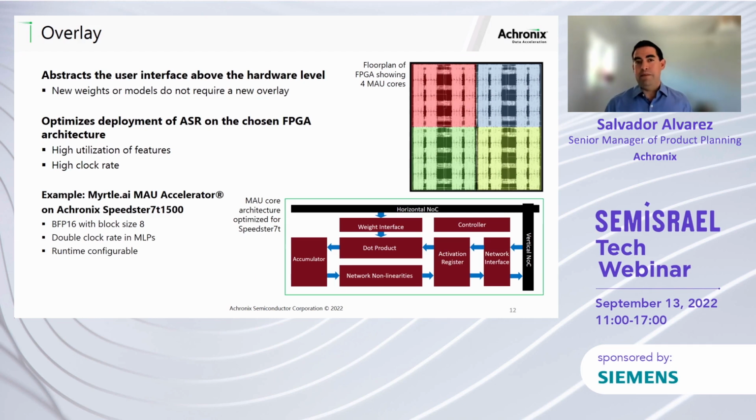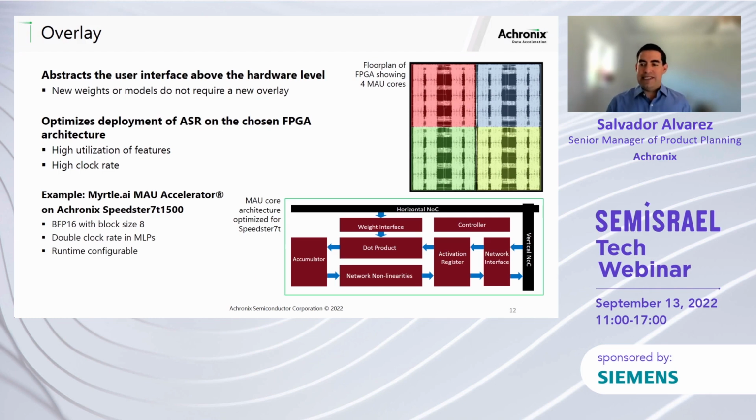And an overlay makes this possible. An overlay can optimally configure the hardware on an FPGA to create a highly efficient AI inference engine, yet leaving it software programmable. A good overlay will utilize a high percentage of the features on the FPGA and enable the design to be clocked at or near the maximum specified rate.